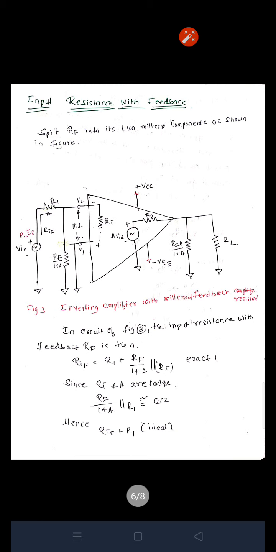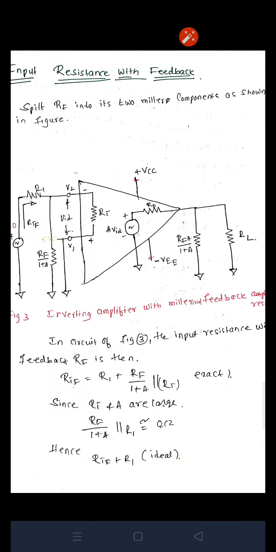Now we will find the input resistance with feedback for voltage shunt feedback.